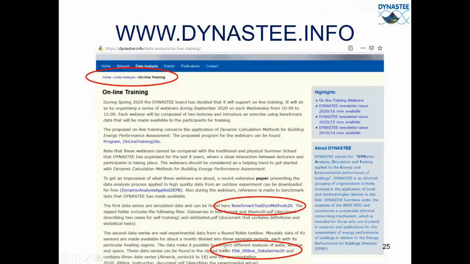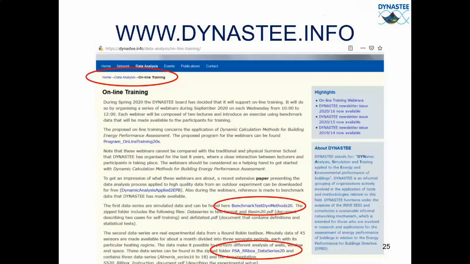You can find also the data, including all the descriptions of the data series of the round robin box. And later today or tomorrow, we will put there a third data series as well. So keep in contact with us.